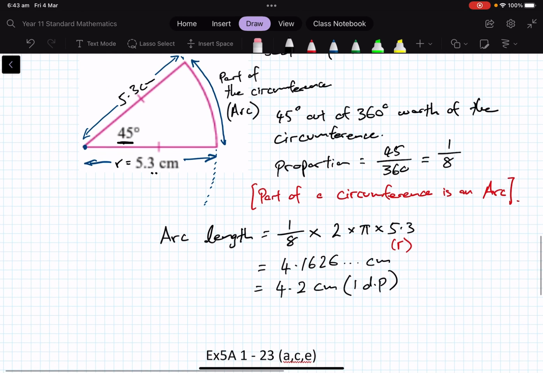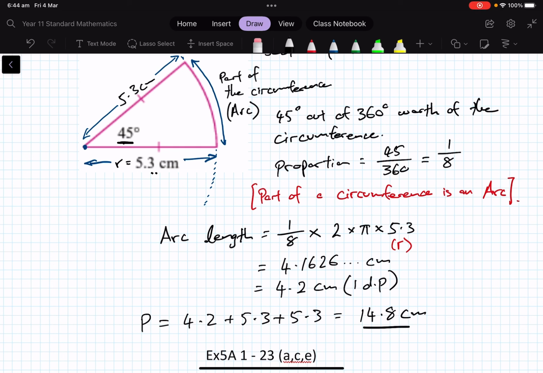Now I've got the arc length. I can just find the perimeter, which is equal to the 3 sides added together. 4.2 plus 5.3 plus 5.3, which is equal to 10.6 plus 4.2 is 14.8 centimeters. That is my perimeter. So there we have it.